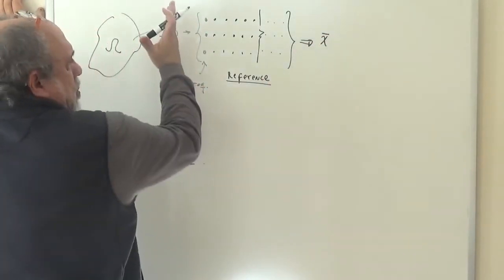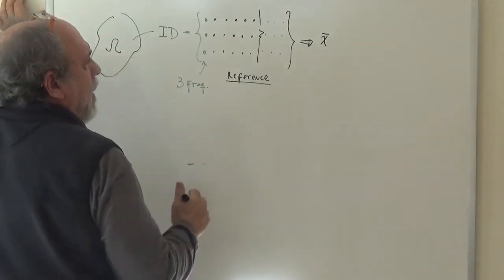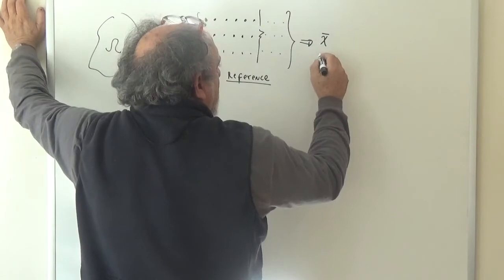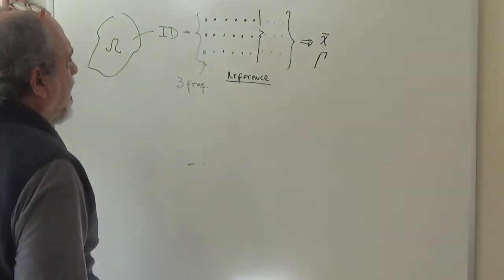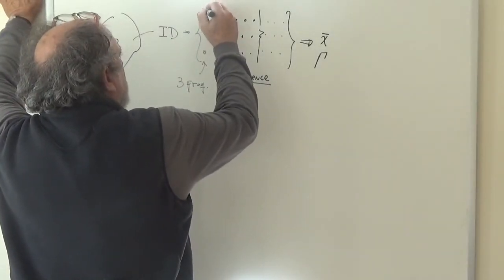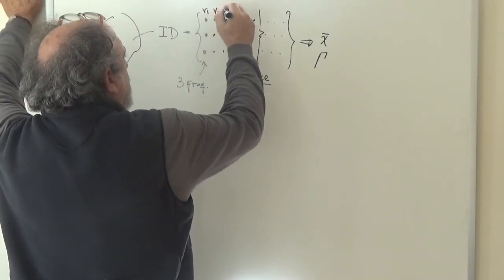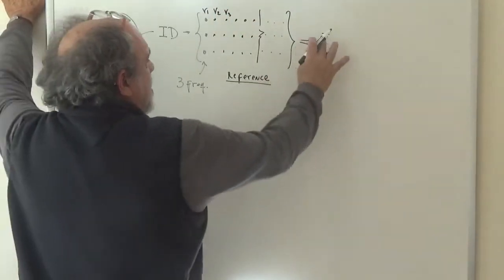What is the mean? Well, just the average of this line, this line, and this line. And we calculate the covariance function. How do I calculate the covariance function? Well, let's say that this vector is v1, and this vector is v2, and this vector is v3, and so on. And this is the mean.